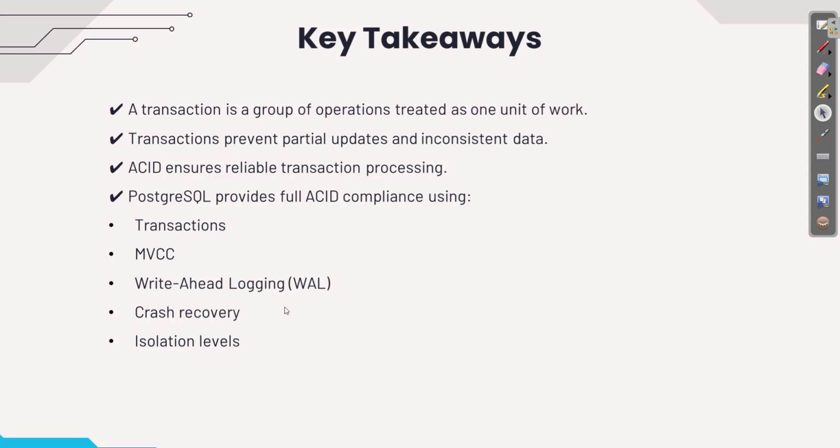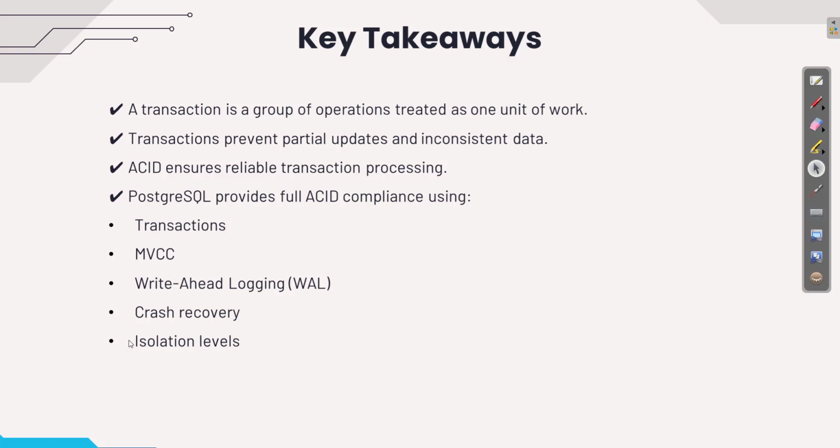So key takeaways. A transaction is a group of operations treated as one unit of work, as we have seen in the couple of examples today. Transactions prevent partial updates, inconsistent data and money loss. ACID ensures reliable transaction processing.